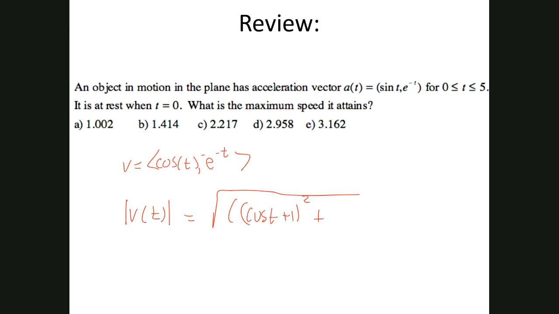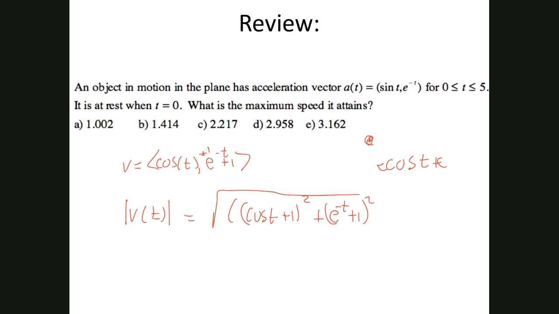We should have done this one, so we end up with cosine of t plus c, but it's at rest at 0, so I should have solved for my c value, which is 1 in both of them. So that should be plus 1 in here when you think about it. And then I would end up with e to negative t plus 1 squared.